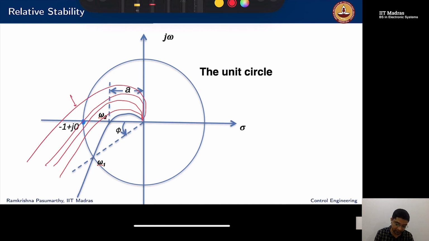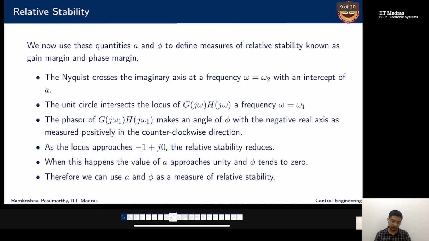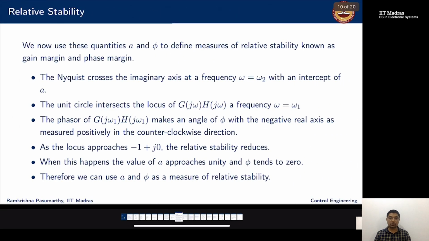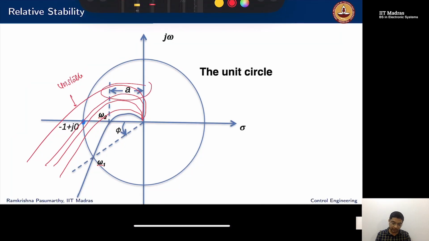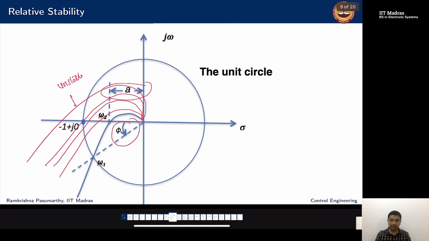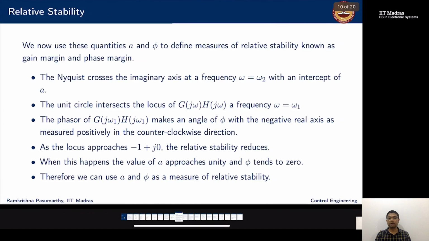So this will become unstable. That's what we saw in the other plots also. So what are the two things here? I measure this number a and this angle phi, and we'll see how these two quantities can be used to define measures of relative stability. These are known as the gain margin and the phase margin.